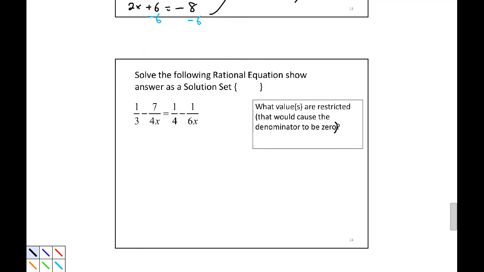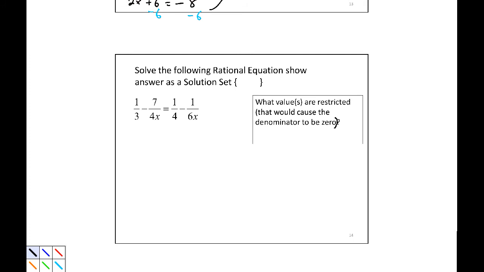Our next example, same process. What could the denominator not be? And again, it looks like we have x is not equal to 0. Our least common denominator, let's see, 6, 4, and 3. Let's see, 12 is a multiple of all those. So 12x, multiplying that through.